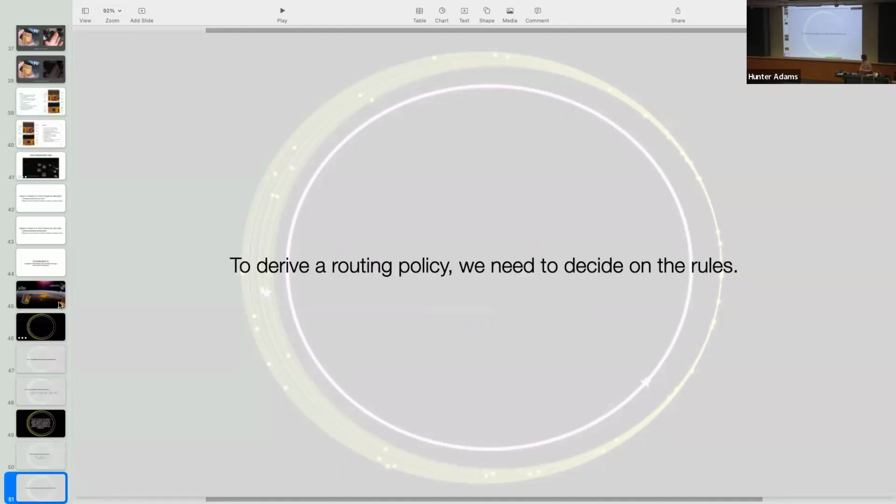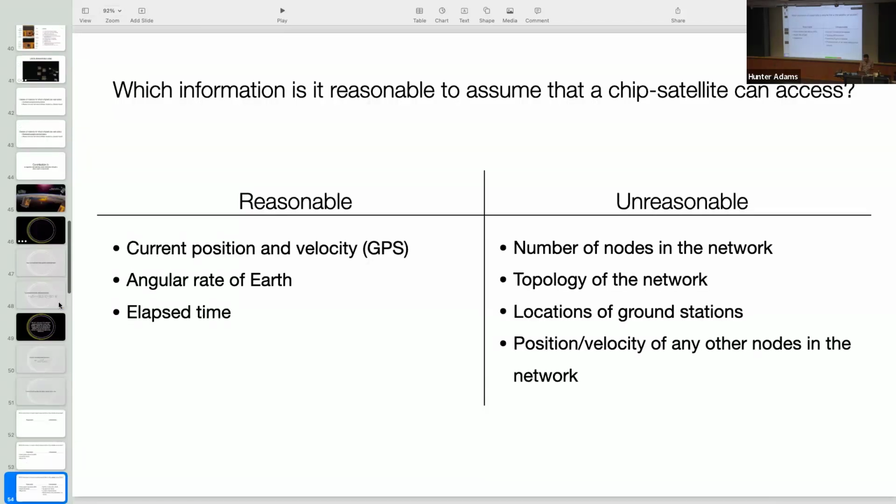And so, like I said, the question is, how do we move data through this thing? And if you're going to come up with something like a routing policy, you need to decide upon what information is reasonable and unreasonable to assume an individual chipsat has access to. People might have different assumptions for this. You could debate whether this is exactly right, but the way that I thought about this, I thought it was reasonable to assume that each chipsat knows its own position and velocity, because it has a GPS.